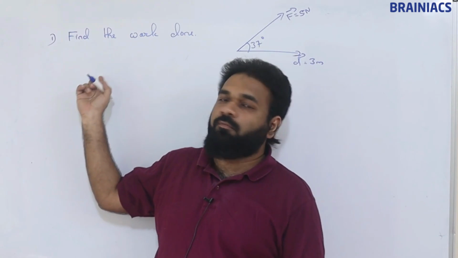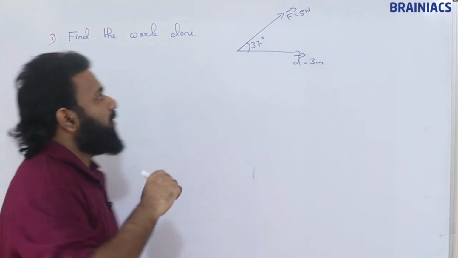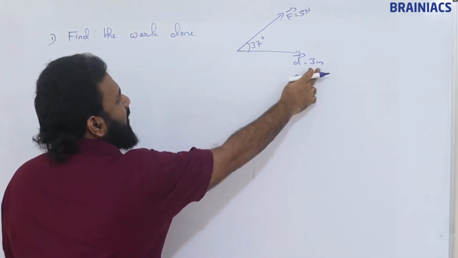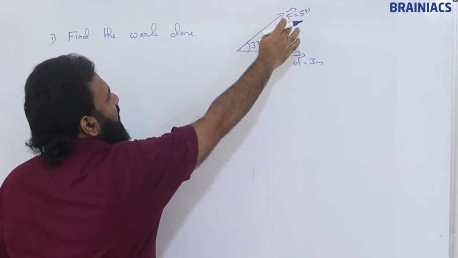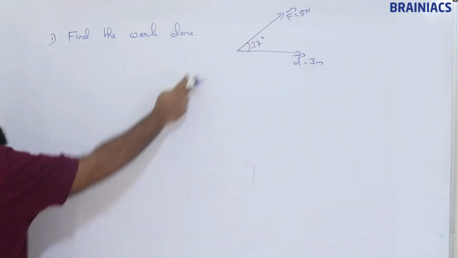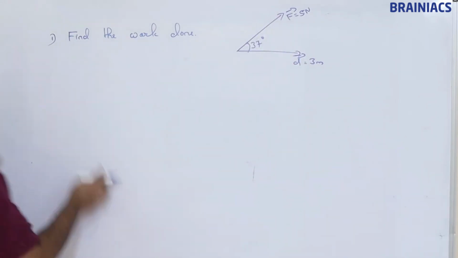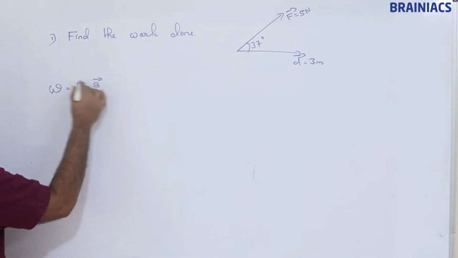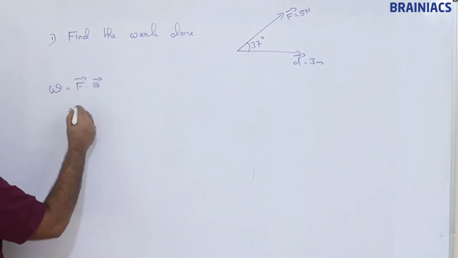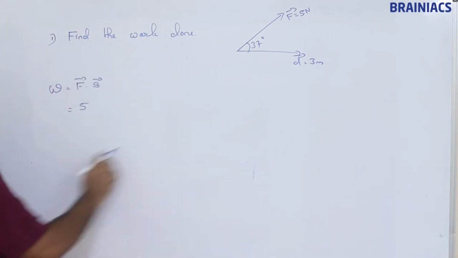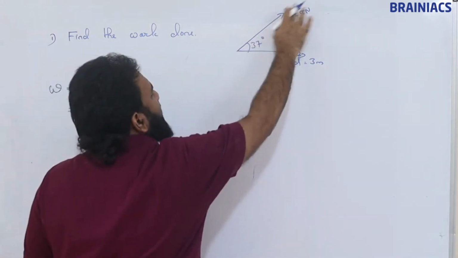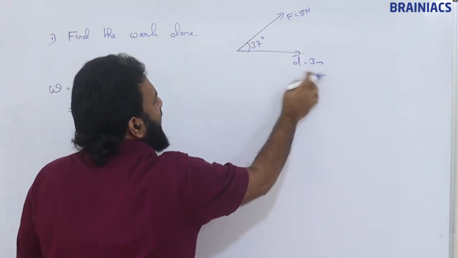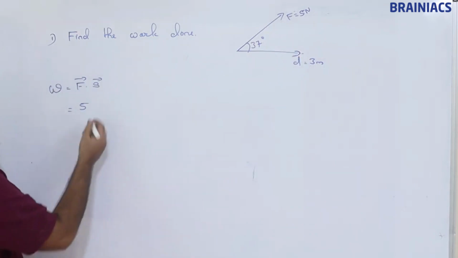Do the simple question, find the work done. This is the displacement vector, which is 3 meter. This is the force vector, which is 5 Newton. The angle between them is 37 degree. So work done is equal to F dot S. Simply we need not put the vector sign here because magnitude is given.